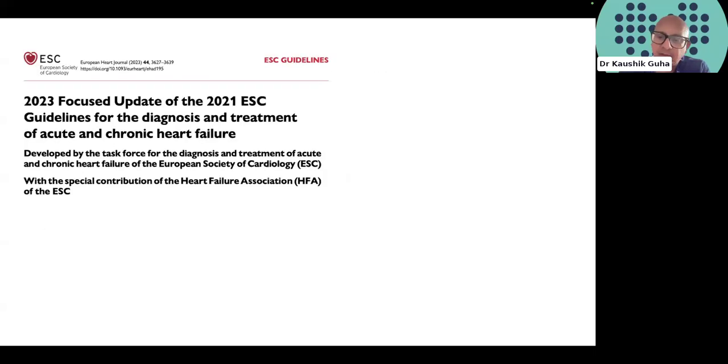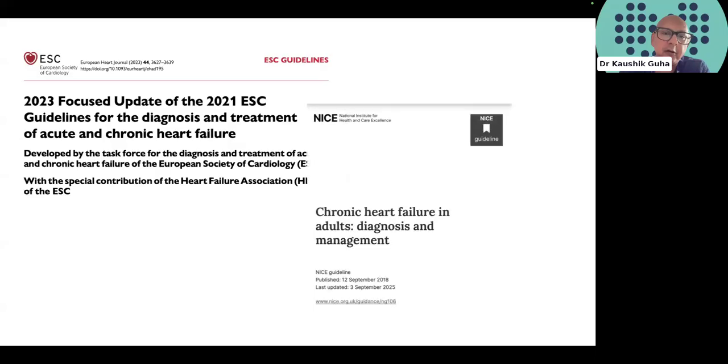And if we have a proven diagnosis of heart failure after clinic, then we have two sources of information. Within England and Wales, we continue to follow NICE guidance, and the last update, as I've stated on the slide, was in September last year.